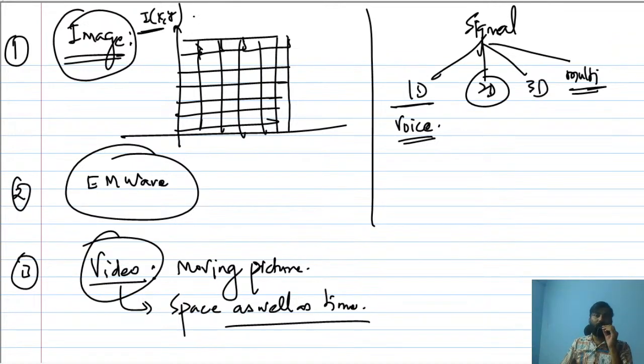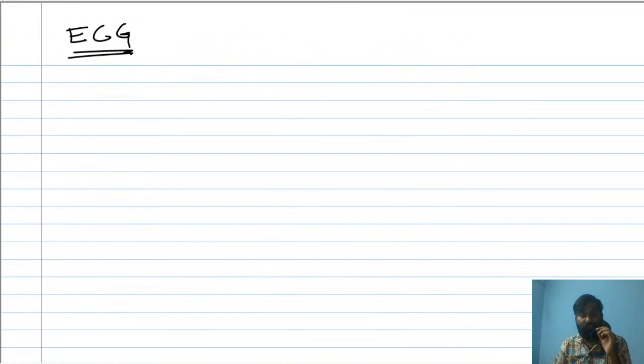You go to the hospital and get your heart checked. What kind of signal do you get from the heart? That signal is known as ECG, electrocardiogram. We get the ECG waveform, and it looks like this.